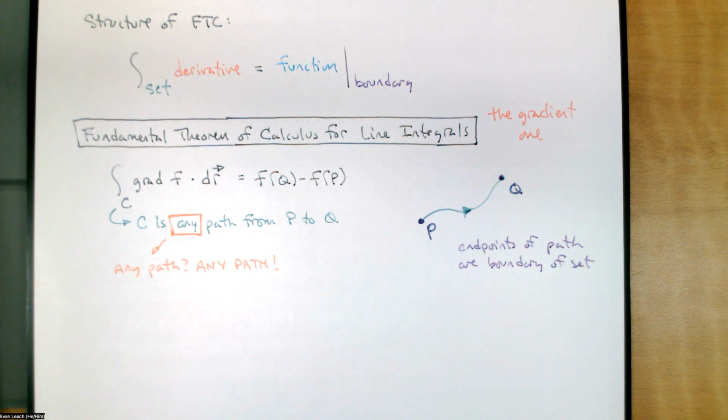Notice that we're doing this line integral over a very specific field, a gradient field. If that field is the gradient of some function, then we just have to look at the endpoints, just like in our fundamental theorem of calculus.